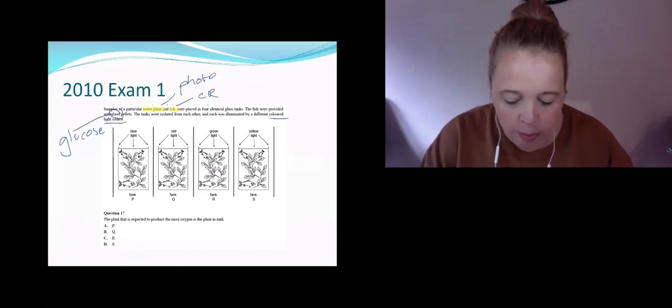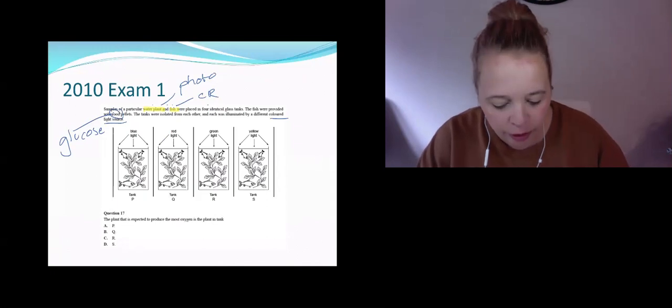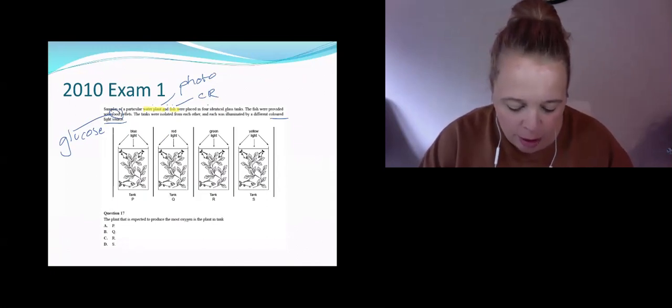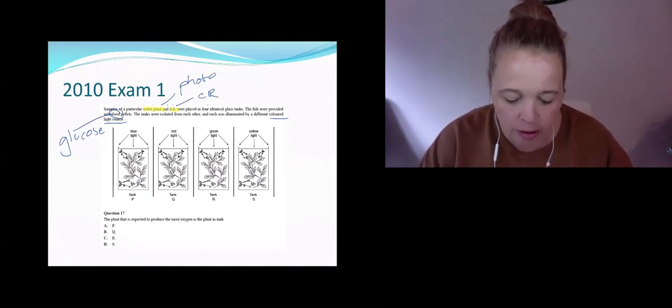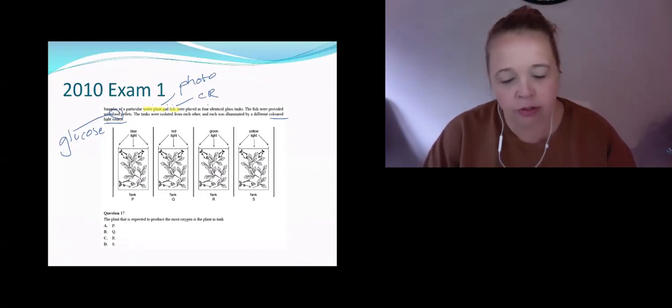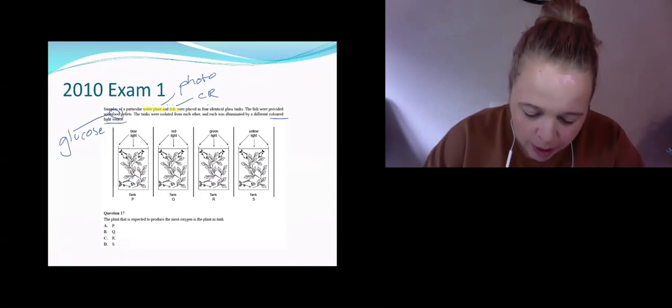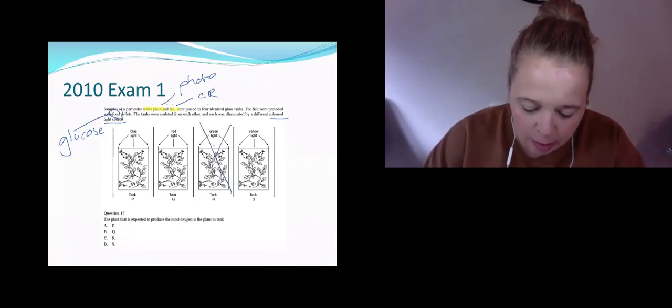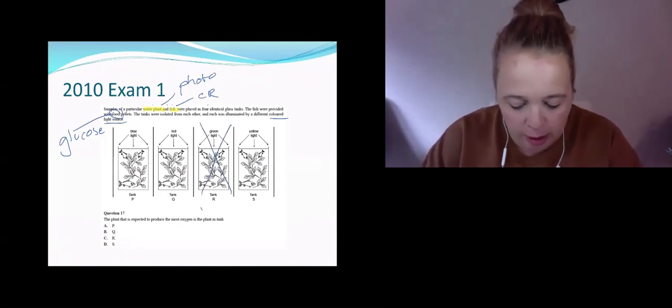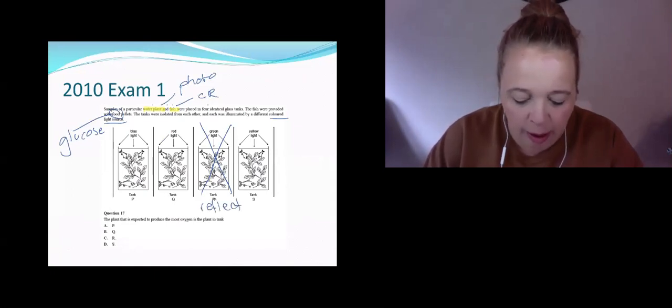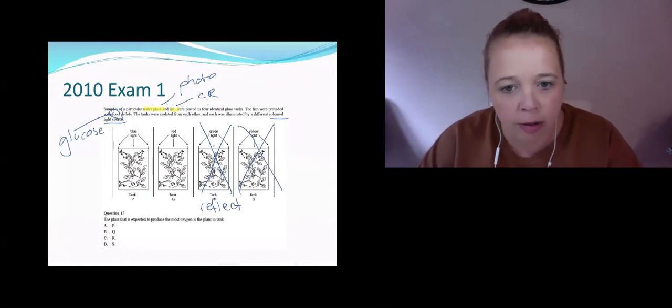Okay, so they've taken the coloured lights off, but let's have a think about which one is going to produce the most oxygen. So for those of you that followed me through on the chlorophylls questions before, green light is not going to be a good one, because green light is reflected. Yellow light is also quite reflected, so we're going to get rid of those as an option.